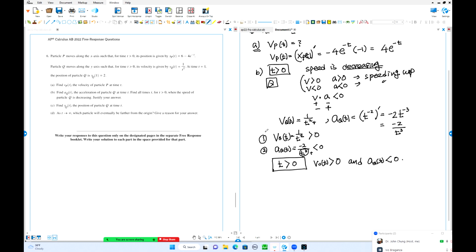Okay, we can see it over here, right? We have to show it this way, then you get the full credit. Anyway, this is the answer. This is the reason why the speed is decreasing. Is it okay?